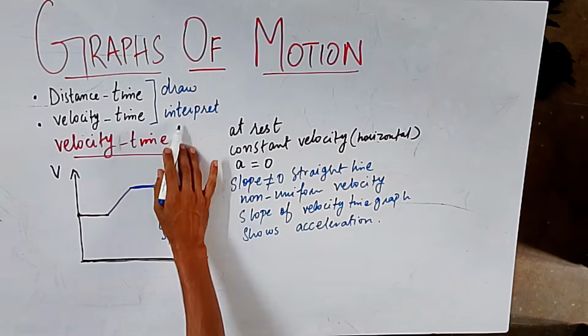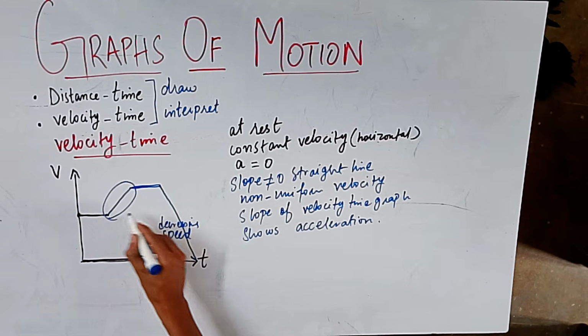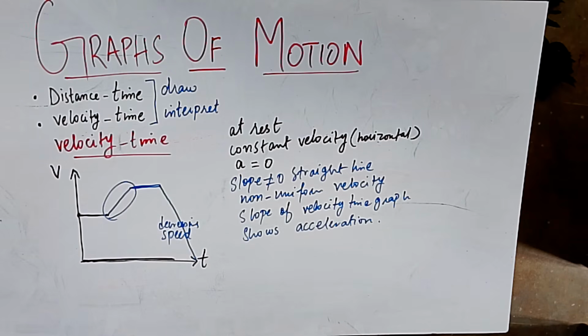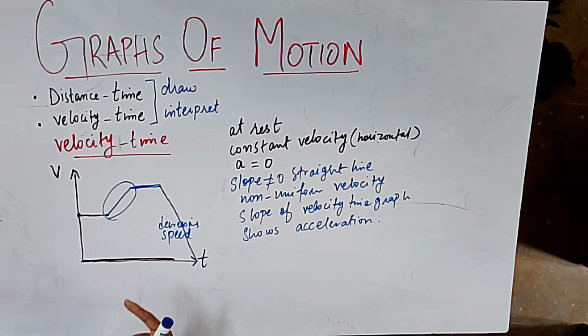That's why in interpretation you will need these wordings. For example, if I take only this portion, this line is actually showing multiple things. First, the motion is not uniform velocity, it is non-uniform velocity. Means there is some acceleration. Other than this, it is showing that the object's speed is increasing.